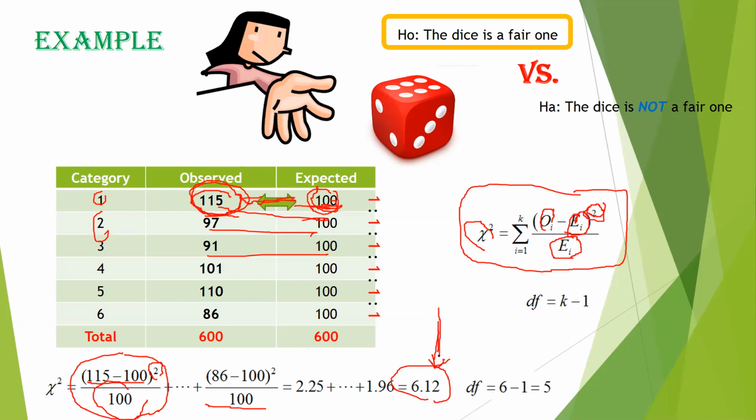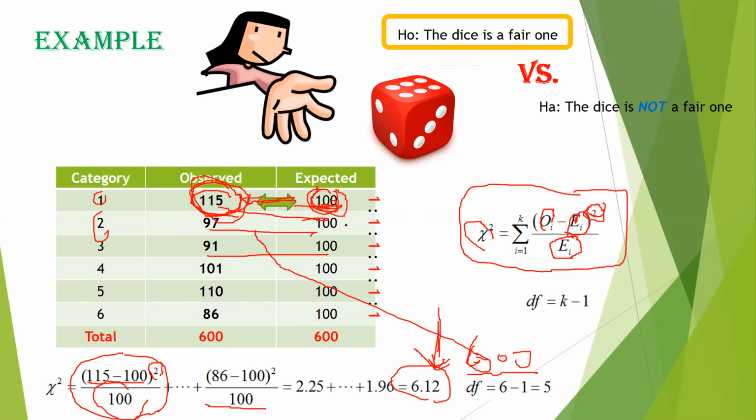However, if after calculation you get a big number, let's say 600 here, what does that mean? The number 600 translates to the difference between the observed number and the expected value being very large.